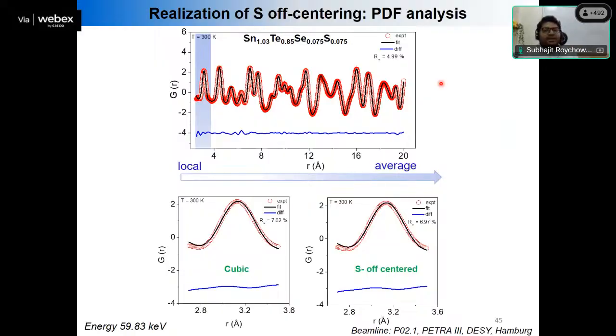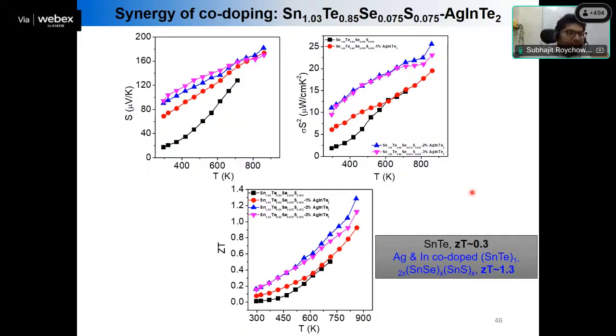This is a total scattering technique, so it will give you global information like lab-based X-ray, and at the same time, it will give you information about the local bonding. So in tin telluride, it will give a cubic structure, but locally, we observe sulfur off-center experimentally as well. And then the next step, we did co-doping of silver and indium. As a result, we observe a large Seebeck coefficient and a high zT of 1.3 in tin telluride based system.